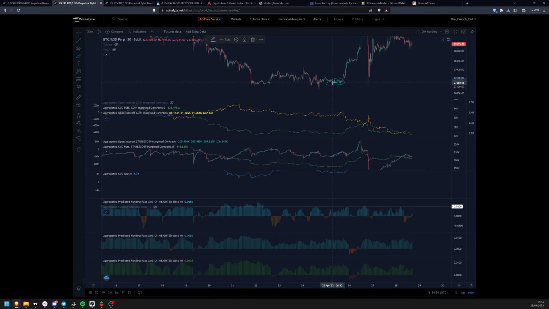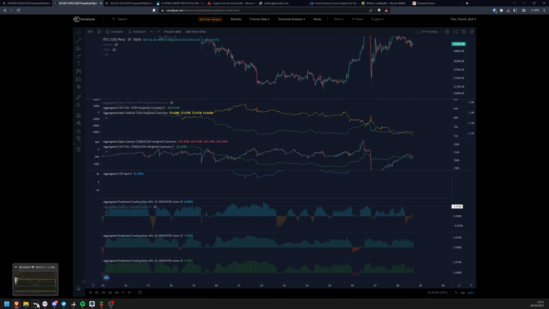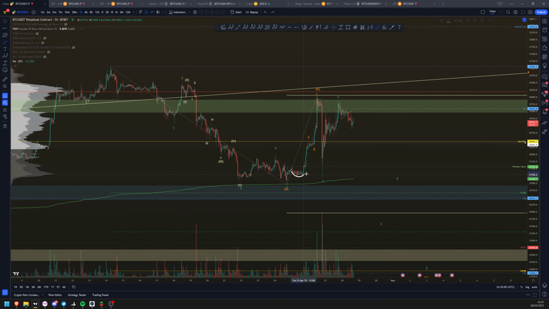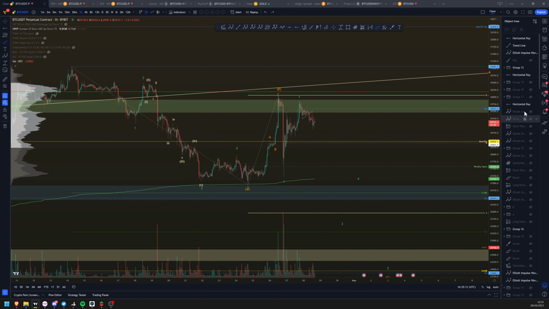It was also here the obvious place to take a long with that as a target, so that was a successful long at least. I wasn't right on the bias at that point, but the goal is not to be right, it's to make money.